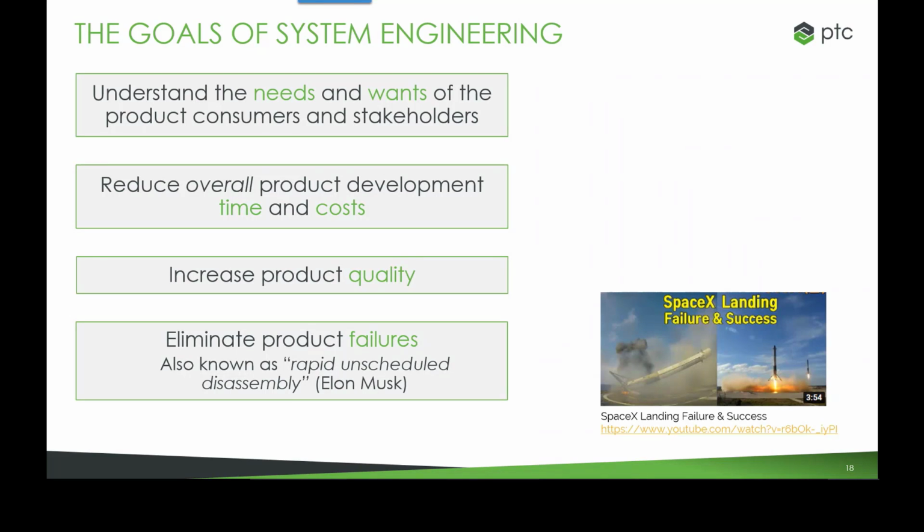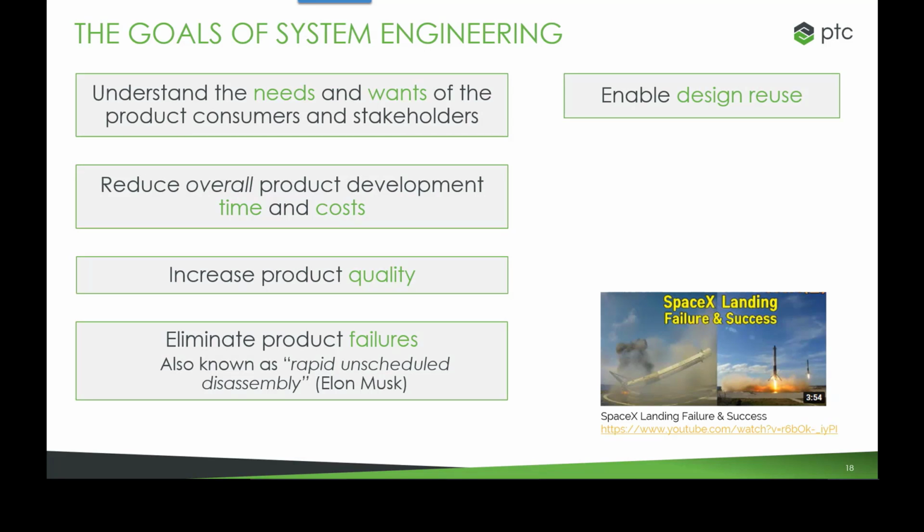There's a very good YouTube video that shows a lot of the landing testing that was done over the last 10 years or so for SpaceX, and obviously a lot of them crashed. The movie gives a good analysis of what went wrong in each of the crashes that you see in a chronological time-based sequence. So it's quite funny, really, but this is the nature of developing new products, that failures occur.